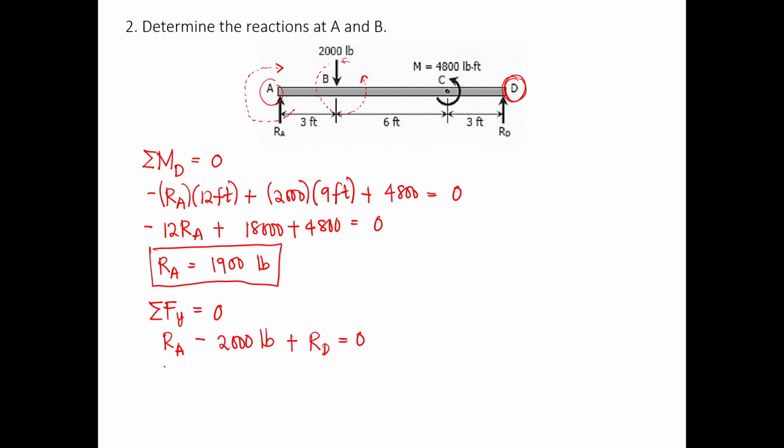So coming from your R sub A, that will be 1,900 minus 2,000 pounds plus R sub D equals 0. So this will be negative 100 pounds plus R sub D equals 0. So R sub D equals 100 pounds only.